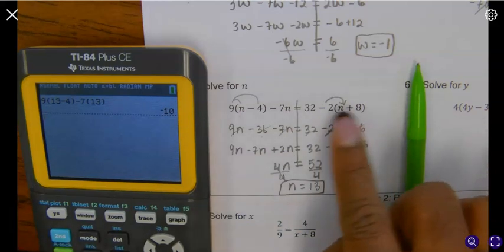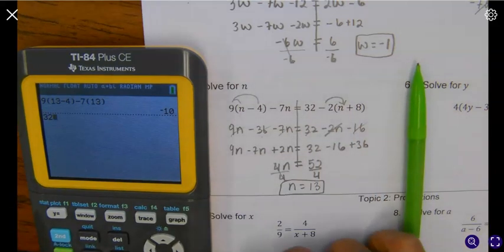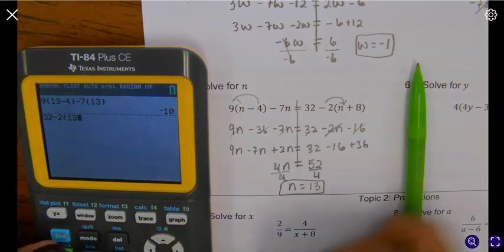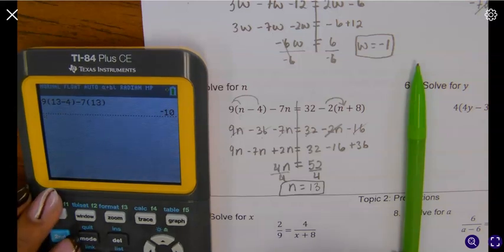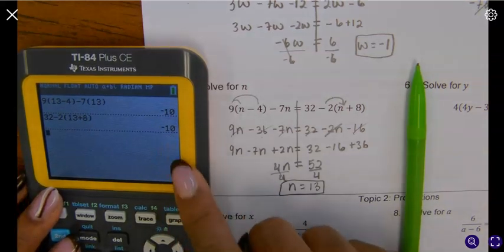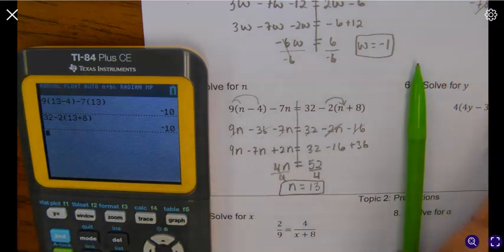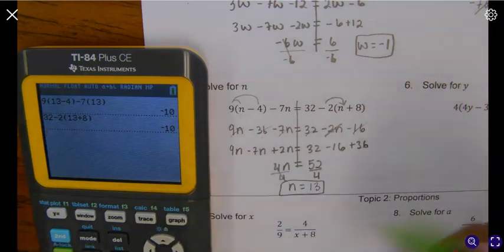So if I plug in the same 13 here, I should get the same number. So 32 minus 2 parentheses 13 plus 8. See how I got the same answer on both sides, which means that this is the right answer.